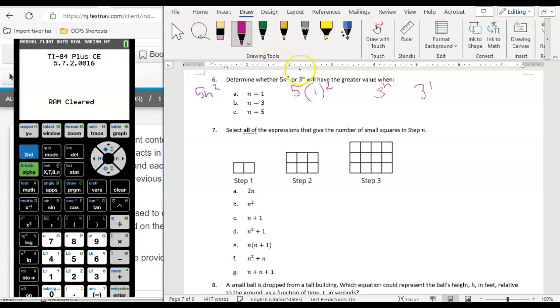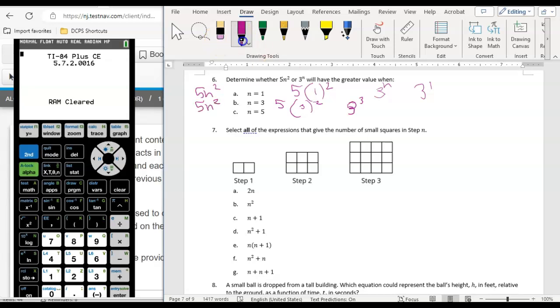So this would be 5, and this would be 3. Still, 5n squared is greater. So this would be 5 times 3 squared versus 3 to the third power. All right, so here we would have 3 squared is 9 times 5 is 45 versus 27. So again, 5n squared is greater in this case.